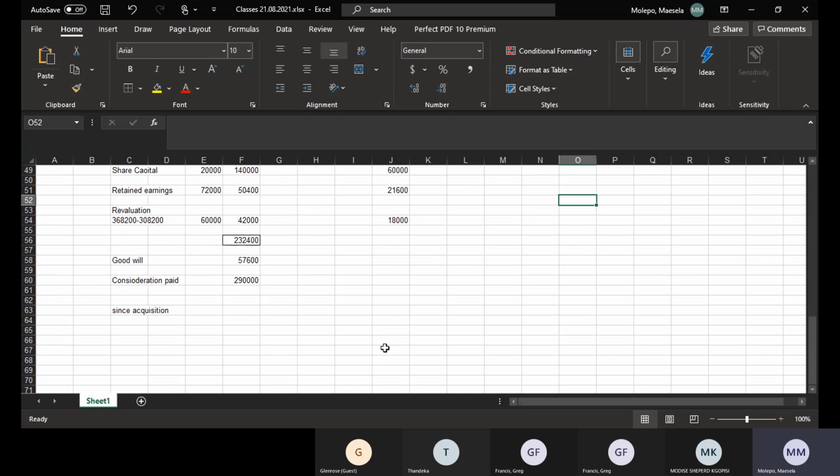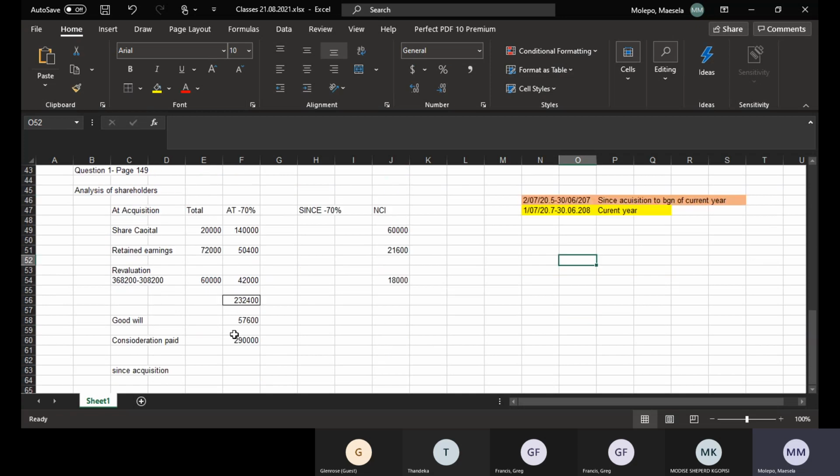Now let's tackle the portion of since acquisition. So the since acquisition, since date, they did a revaluation of the 368,200. So now revaluation. It was carrying amount initially. Let me do this. Treatment of the revaluation.